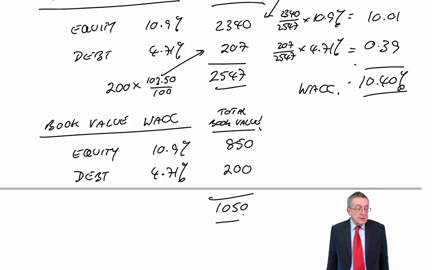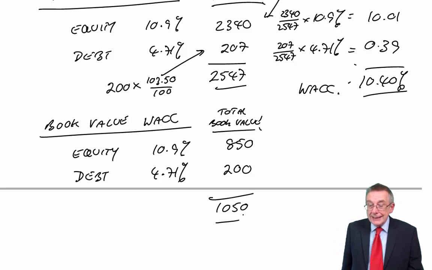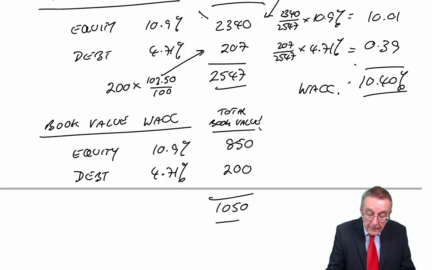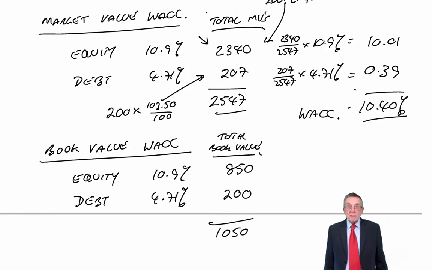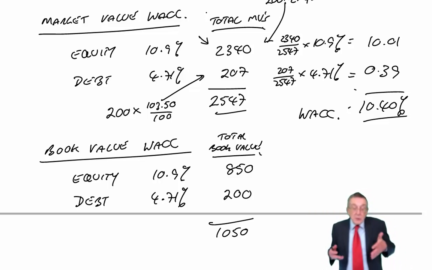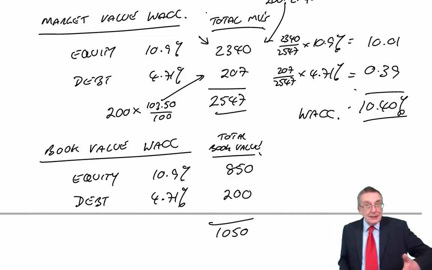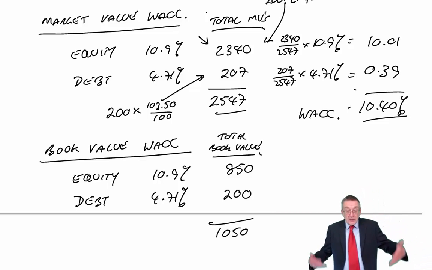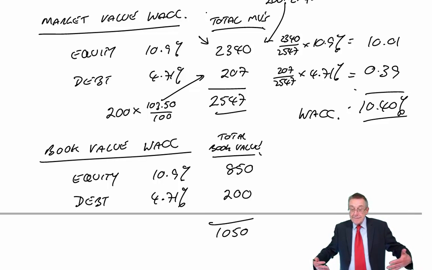According to the statement of financial position, shareholders are worth in total 850. However, when we're looking at market values, we don't add on reserves. Effectively, they're included. The most obvious reason why the market value of equity is higher than the nominal value is because the shares are worth more, because there are retained earnings, there are reserves.